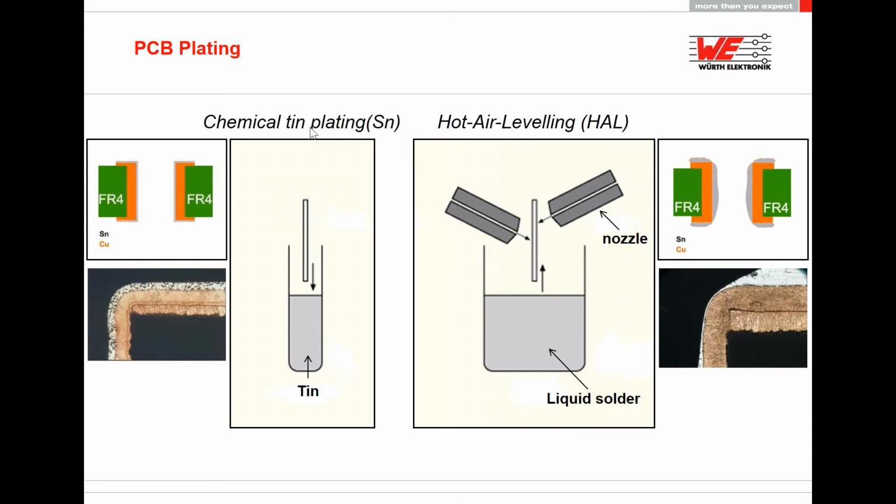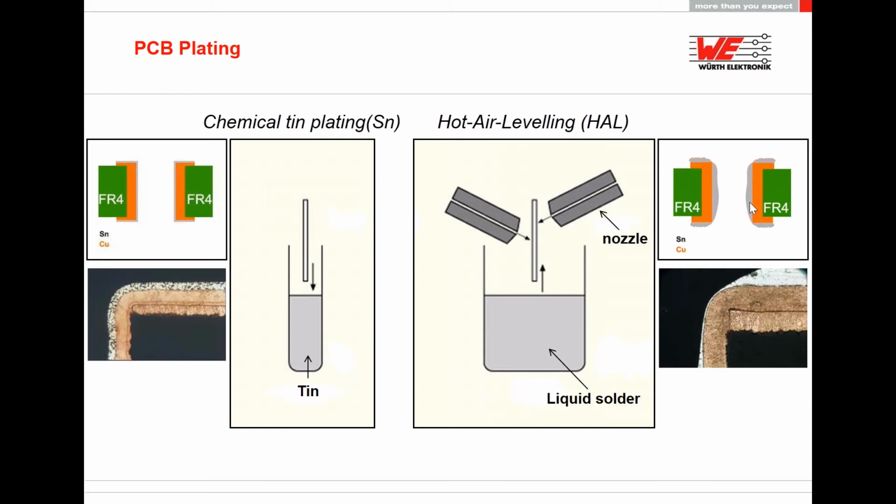So why we suggest chemical tin plating, because in the via with the chemical process we have constant tin thickness to the copper, and this thickness is usually for chemical tin between 1.2 microns and 1.6 microns in general. But we also have hot air leveling, and this is a mechanical plating process.